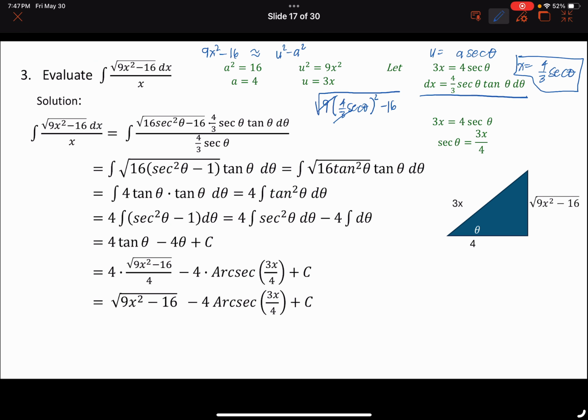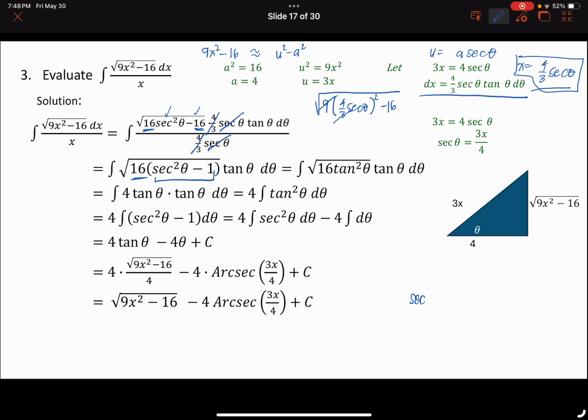So what's left would be 16 secant squared theta minus 16. And then we have 4 over 3 secant theta tangent theta d theta all over x. So x is 4 over 3 secant theta. We can cancel out the 4 over 3's and the secant theta. So take note that we can factor out 16 and we have secant squared theta minus 1.